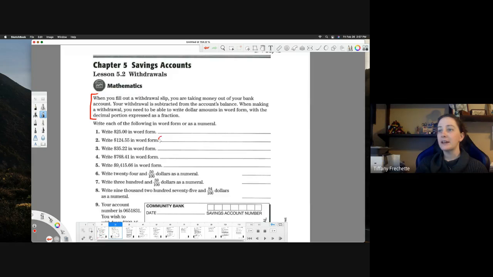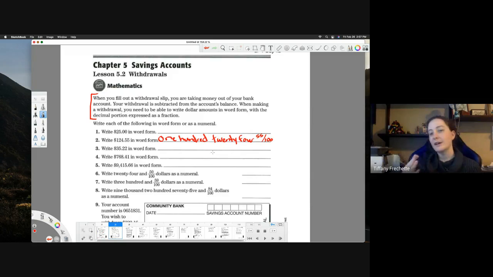So I have 100, 24. Sometimes they do include the word and. I don't actually put the word and when I'm writing this out. I just start with the fraction and I go 55 over 100. So that's what they mean by the fraction form.